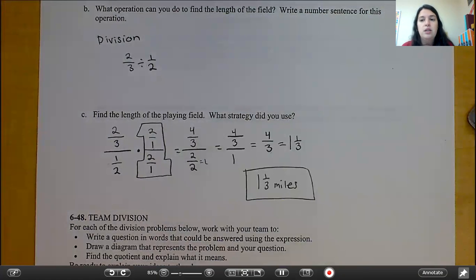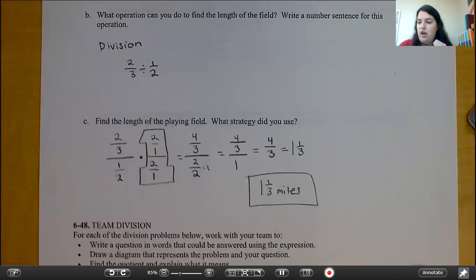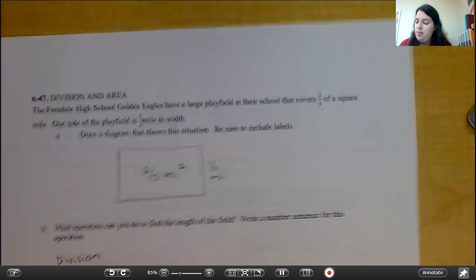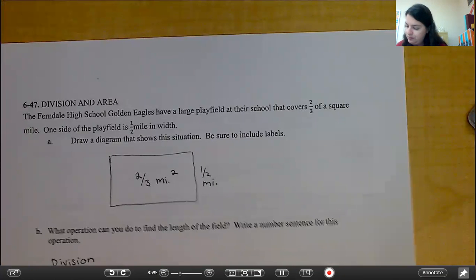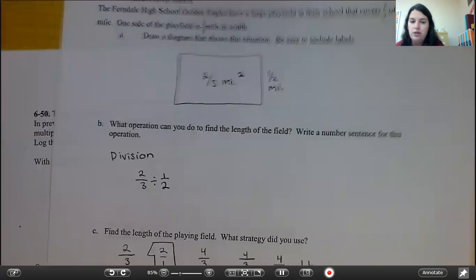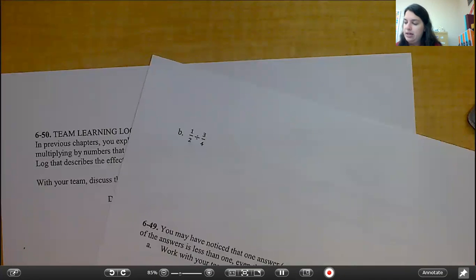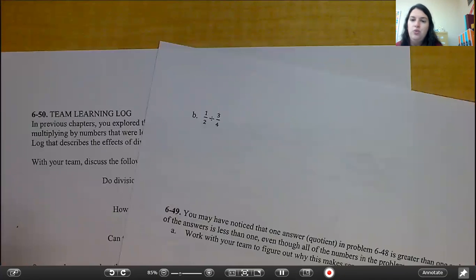Okay, we're going to continue practicing with fraction division, but try this problem again on your own. You know what the answer should be, so now try to solve this problem without me. That's the last problem that you have to do. I will tell you that for 648, A and B are great practice problems, so I actually do want you to try those.